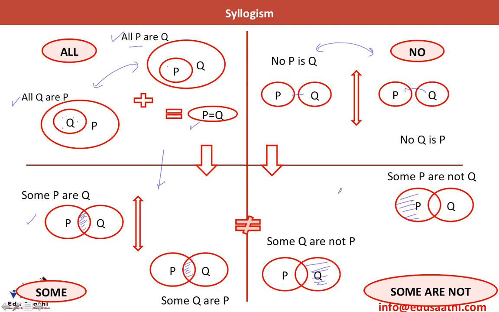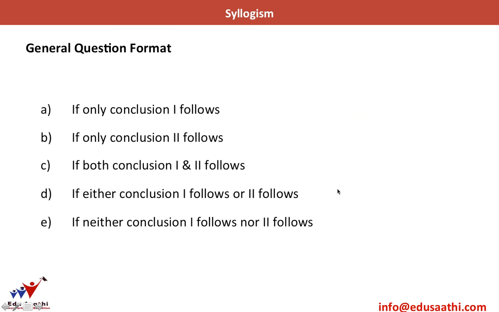Let's move to the next slide. Now, what is the general format of the question? You'll be given 2-3 statements and then you'll be given a few conclusions. So you have statements like some P are Q, some Q are P, something like this, and then you'll have conclusions which you will have to draw from these statements.